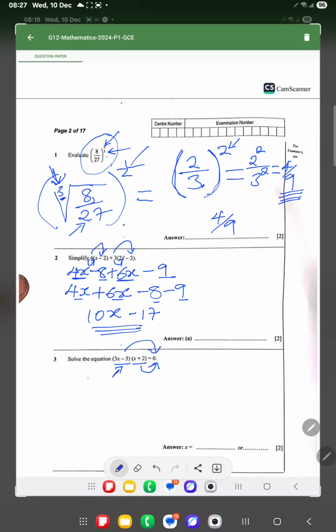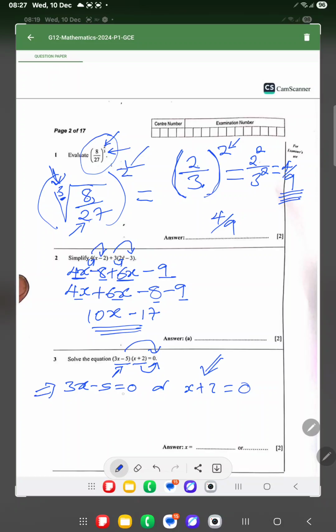So 3x minus 5 is equal to 0, or x plus 2 is equal to 0. You can find the value of x from each equation.